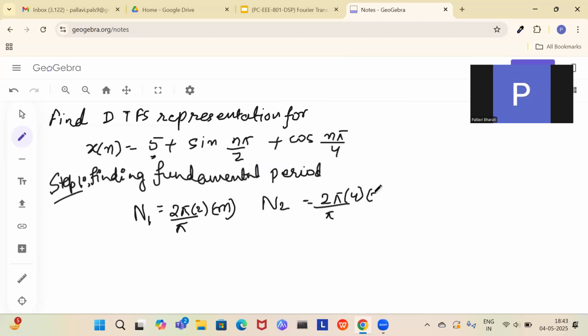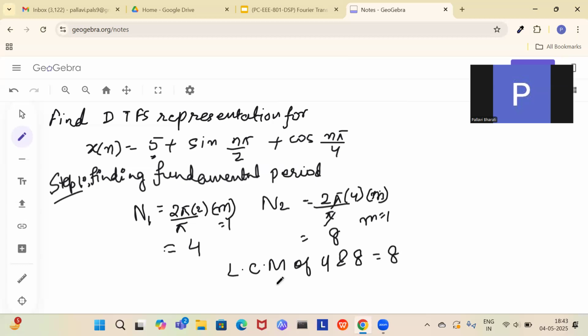Then it is 4 for this one, for m equal to 1, and for this one it will be 8 for m equals 1, smallest value. Now 4 and 8 are two different values, so we will take the LCM of 4 and 8. That will give me 8. So capital N will be 8 for our case.